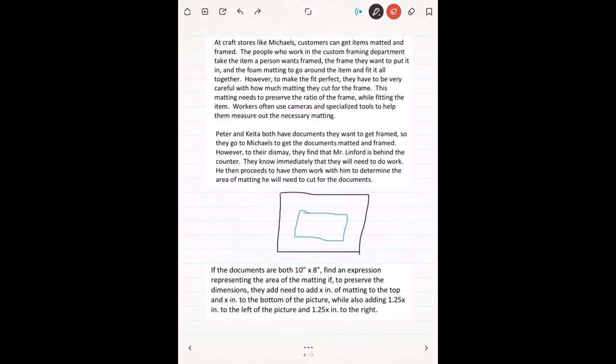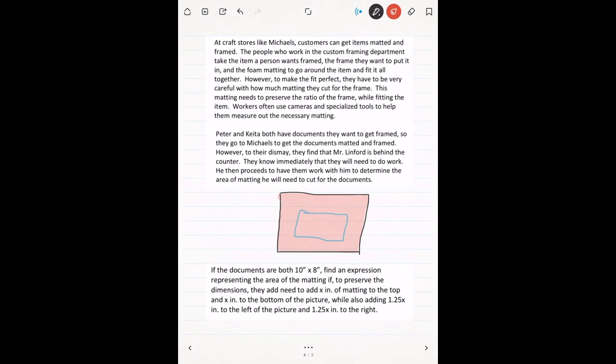What we want to do is find the area of that matting. Now, keep in mind what we're saying here, the area of the matting. We don't want the area of the entire frame, meaning this is the area of the entire frame.